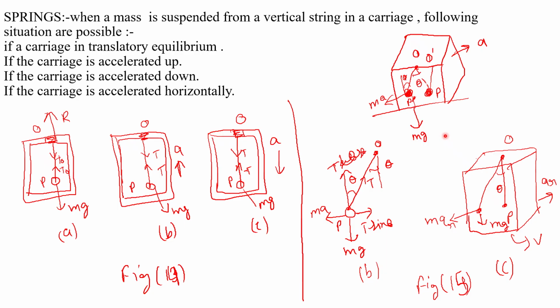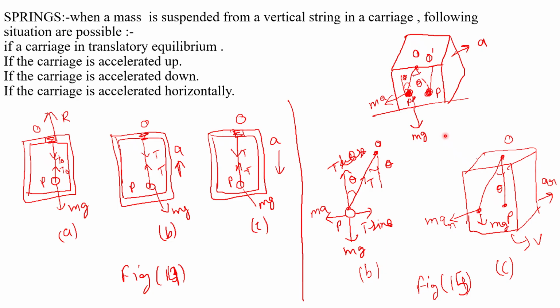So relative to P, O will move in the direction of acceleration, or relative to O, P will move in a direction opposite to acceleration. We usually represent this fact by stating that mass m experiences a pseudo force ma opposite to acceleration.